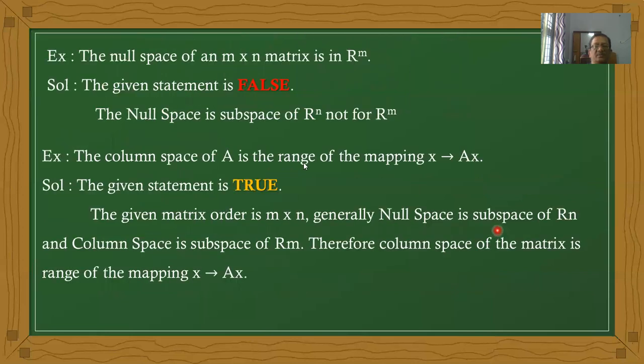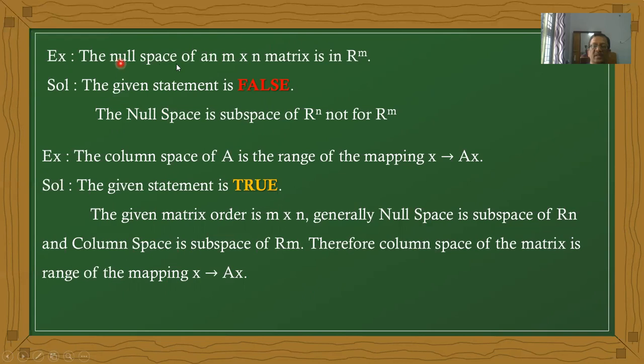Next, the null space of an m by n matrix is Rn. Now in the given matrix there are m rows and n columns. The given statement is a false statement. Why is it false?